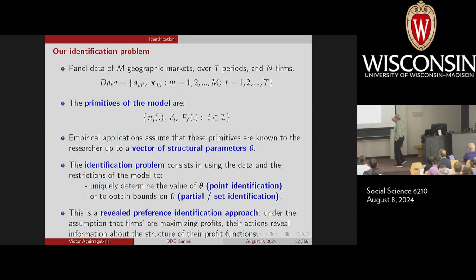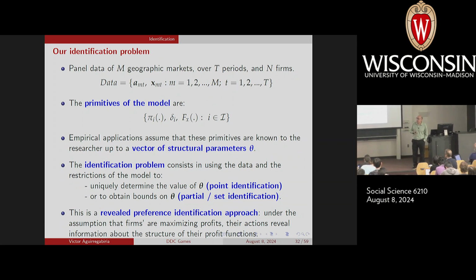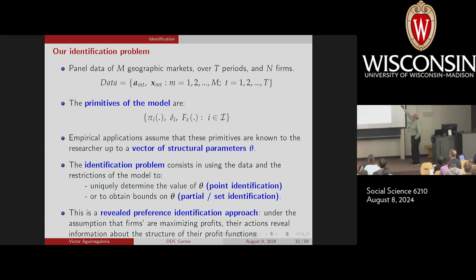Of course, everything that I'm going to present to you here can be extended to models with unobserved heterogeneity, especially time-invariant market and player unobserved heterogeneity. That, of course, is very important. Okay? Then the primitives of the model that we want to estimate are the payoff functions, the discount factors, and the distribution of the state variables.